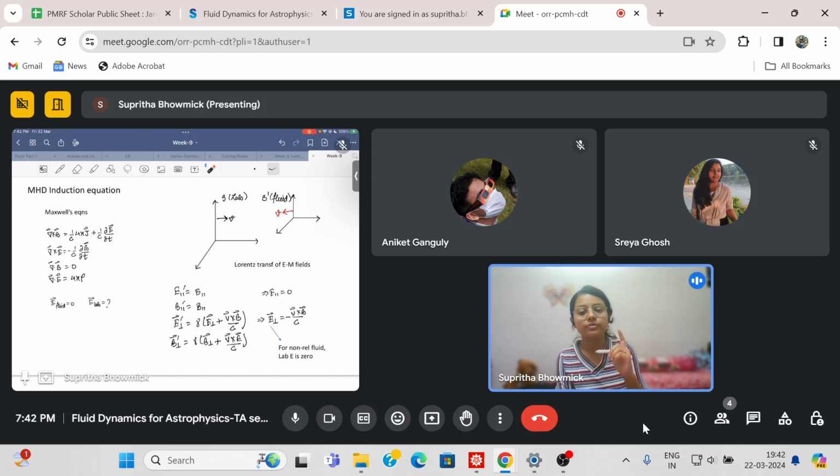And if the fluid moves non-relativistically, where V is the velocity with which the fluid flows, then this factor V by C is small, and you can ignore E perpendicular with respect to B. Then we say that even in the lab frame, the electric field of the fluid is small.